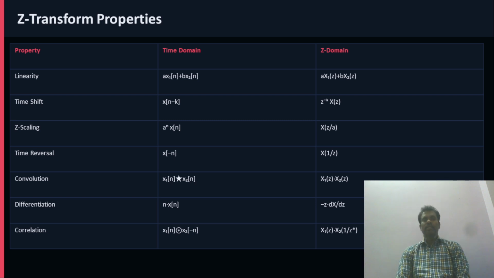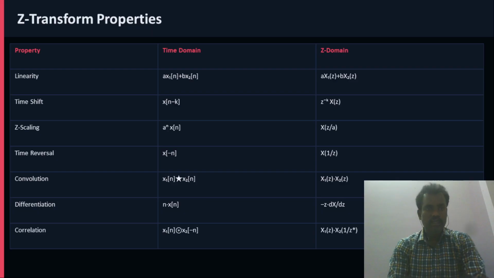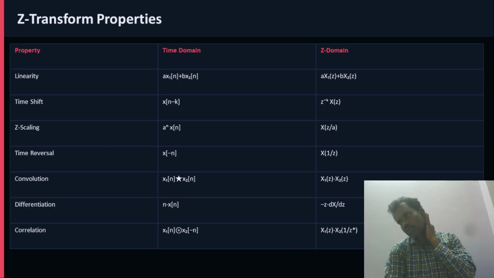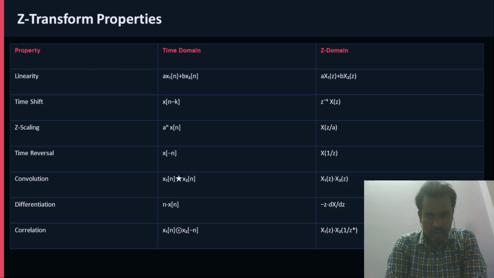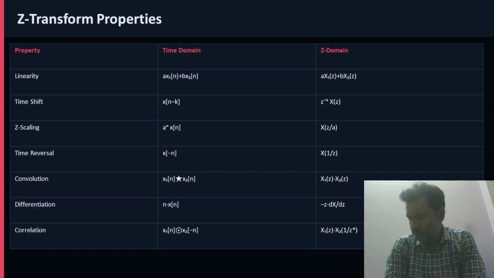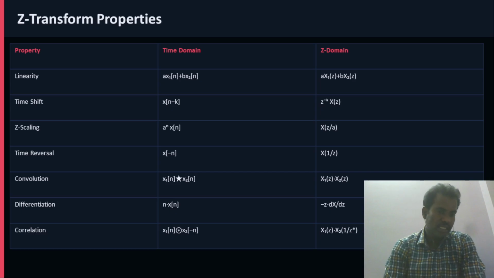So, as with the DFT, the Z transform also has properties. They are the same kind of properties, but with a little change because the kernel is changing and it is not periodic. The properties are: linearity, time shifting, scaling, time reversal, convolution, differentiation and correlation.